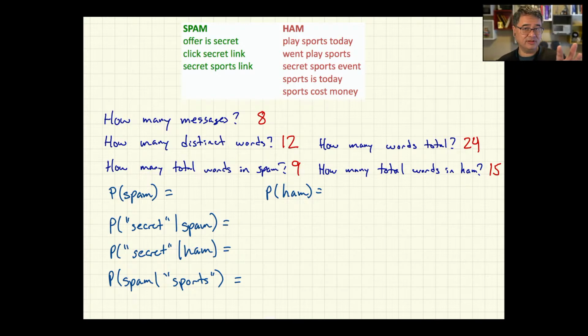What's the probability that a given email message is going to be spam? 3 out of 8. And so the probability that a given email message is ham is 5 out of 8.